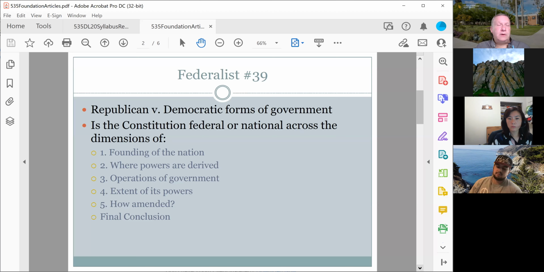How we select the president is not that unusual either, in that it is kind of a combination of a national and a federal approach, in that we've got this electoral college that will select the president, but then when there's not a majority in the electoral college, the selection turns to the House of Representatives.